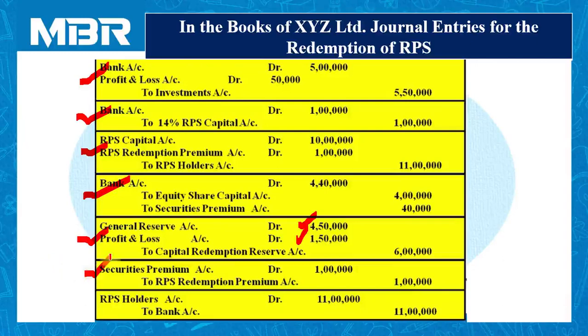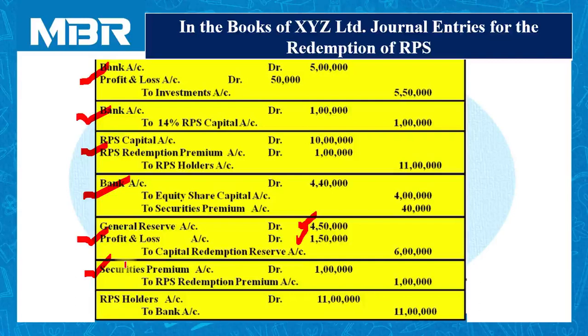Then we have adjusted securities premium. RPS redemption premium is adjusted against the securities premium account first. If the amount of securities premium is not enough or securities premium is not given, only in that case can we utilize the balance of profit and loss account.